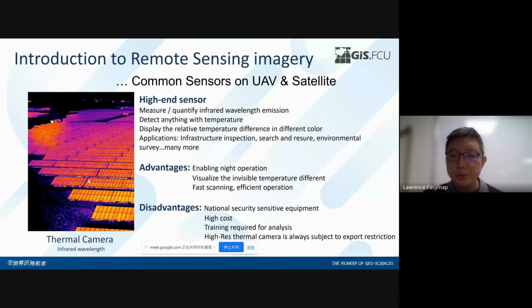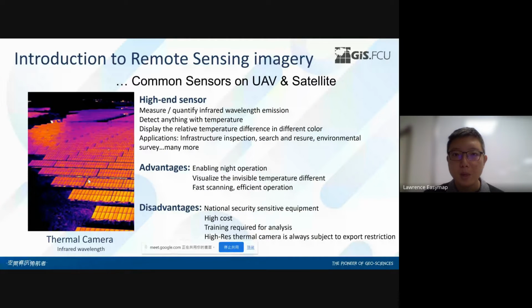Since this is so useful, it has some disadvantages. Many countries, just like the United States, regard such thermal cameras as national security sensitive equipment. If I want to buy a high-end thermal camera, I need to get a lot of paperwork and a lot of approval.